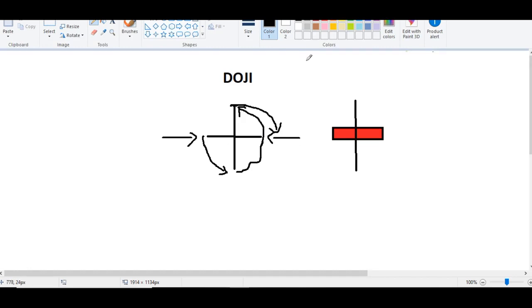Okay, so basically what happens is when you see this, let's say in an uptrend, right? You see price going higher and higher and higher, and all of a sudden you see this doji at the top of the trend. So what is that saying? At the top of the trend, there's a fight going on between the buyers and the sellers, right?